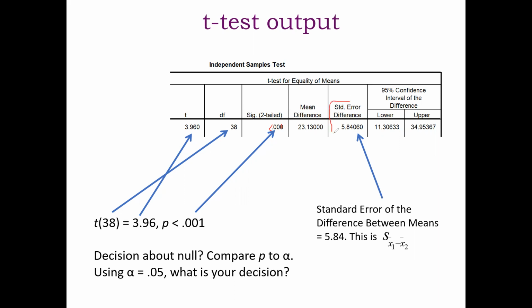Here we have the standard error of the differences between the means. That's that equation that we saw, this value in the equation we saw before, right? We also have a 95% confidence interval for the differences between the means. And this is just an estimate of what the difference between the means of the two groups, people who are ostracized and people who are included, could be in the population.